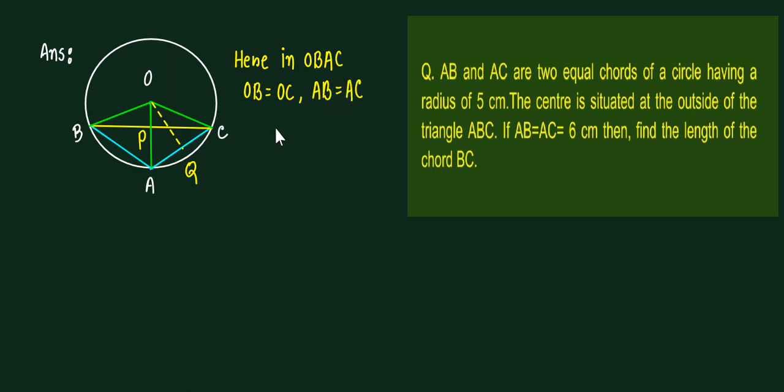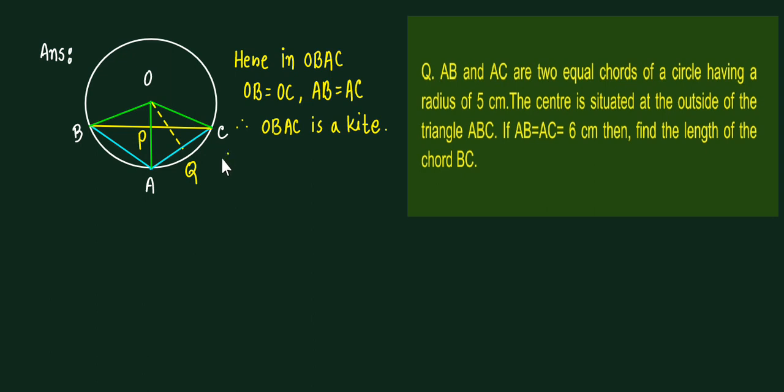This is given. Therefore, OBAC is a kite. This shape is called kite. For a kite, the diagonals intersect perpendicularly and one diagonal bisects the other one.